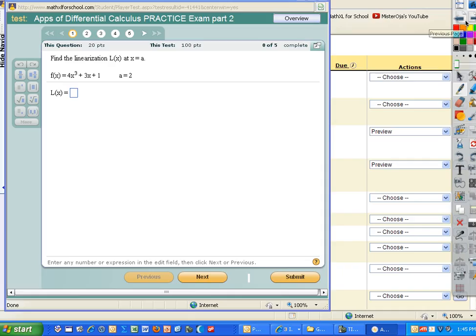Remember that if I've got some curvy function, locally speaking, if this is the value where we're trying to find the linear model, the tangent line's only going to be a good model, locally speaking.